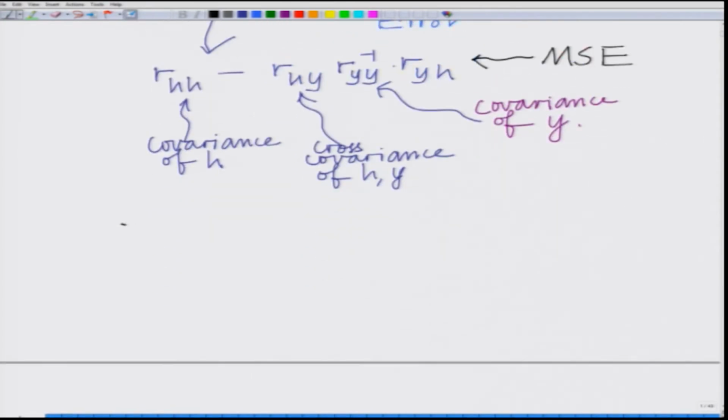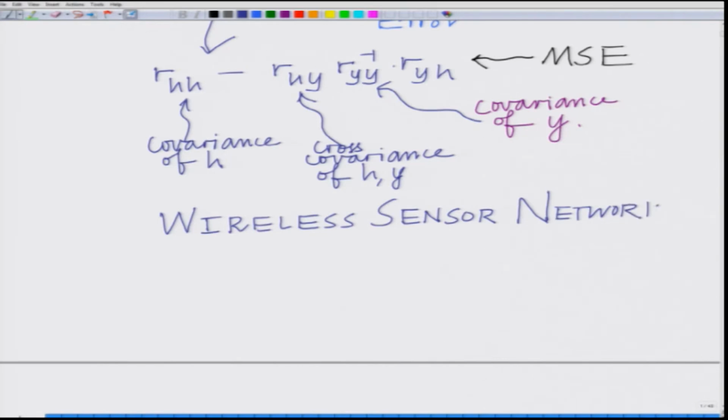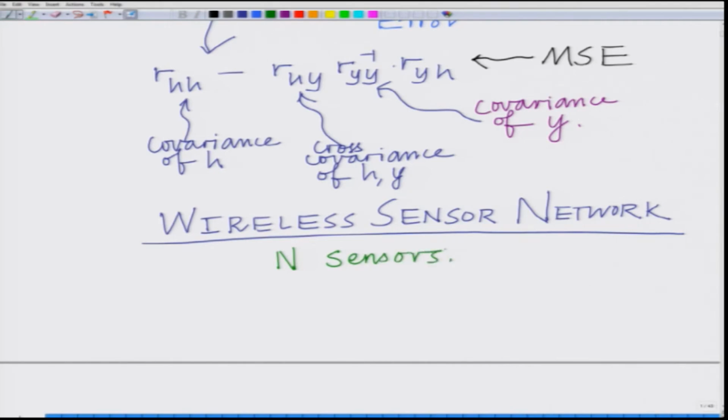Okay. Now let us look at this in the context of our wireless sensor network. Let us go back to our example of the wireless sensor network. Remember, in the wireless sensor network, we are considering a scenario with n sensors.